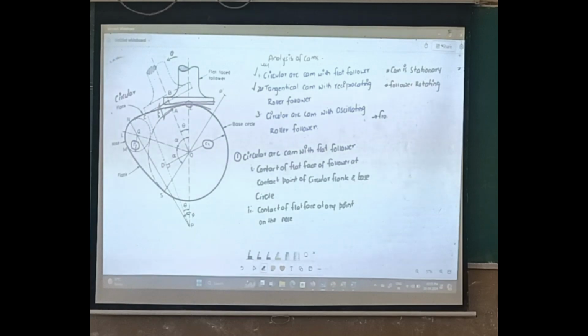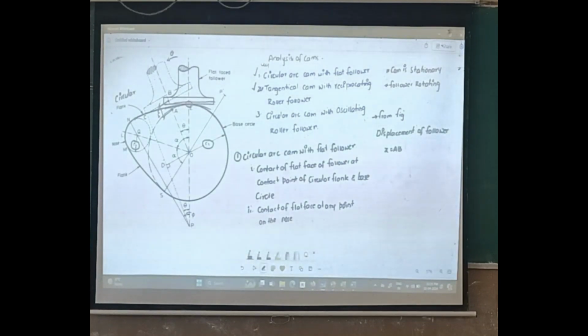From figure, displacement of follower, that is the x, which is equal to AB.